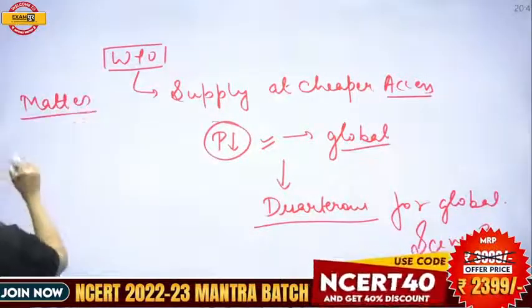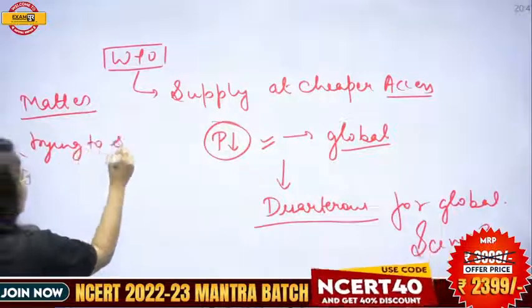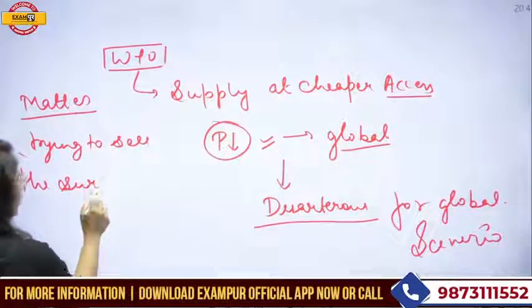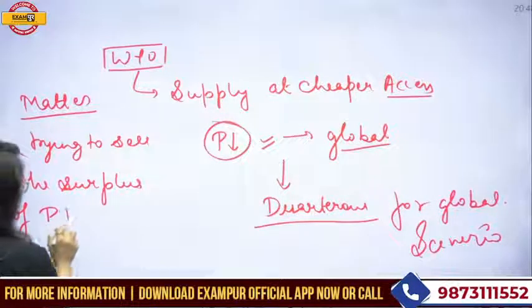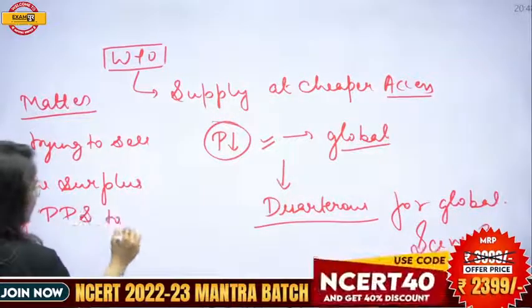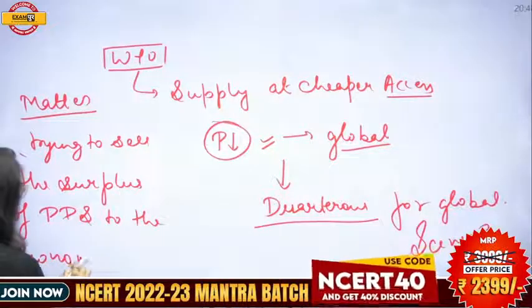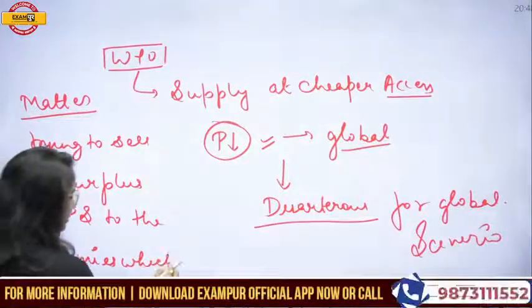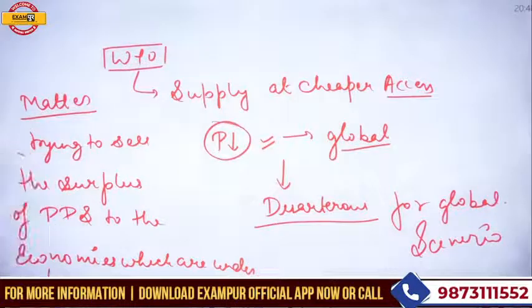We were trying to sell the surplus of PDS to the economies which are under food crisis.